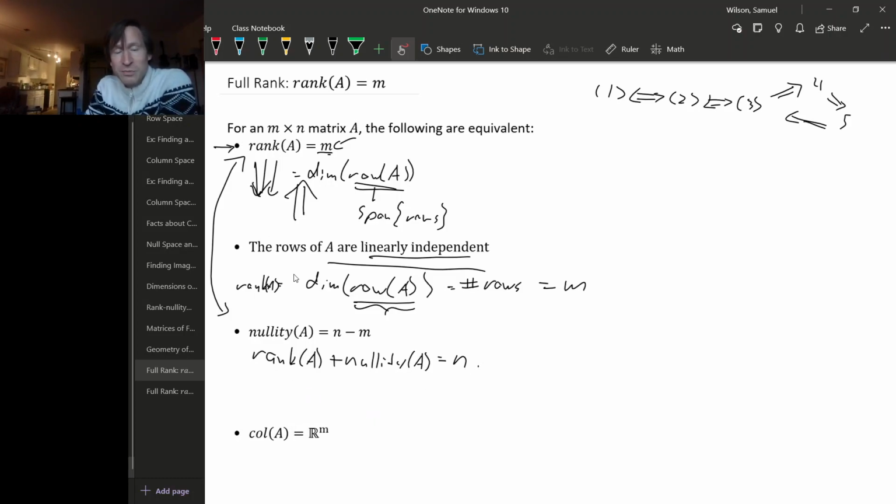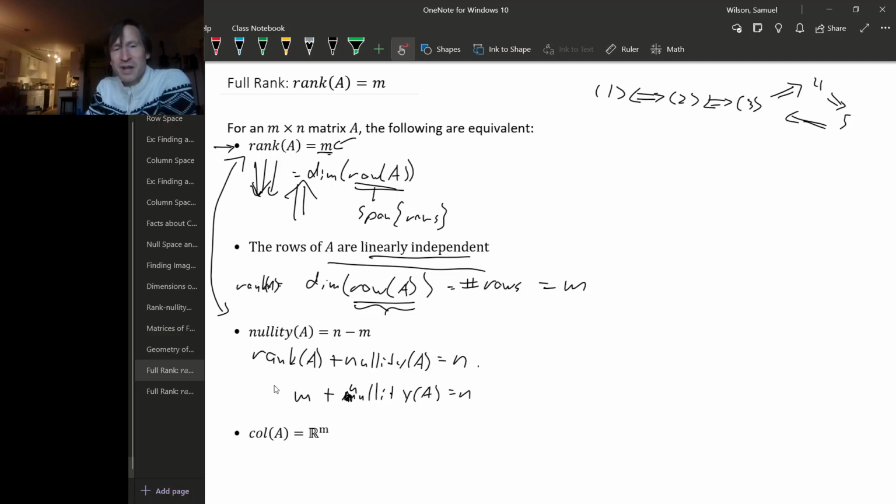If we're assuming that the rank of A is m, then we get m plus the nullity is n. If we move the m to the other side, we get that the nullity is n minus m. So that proves the implication going from rank to nullity.